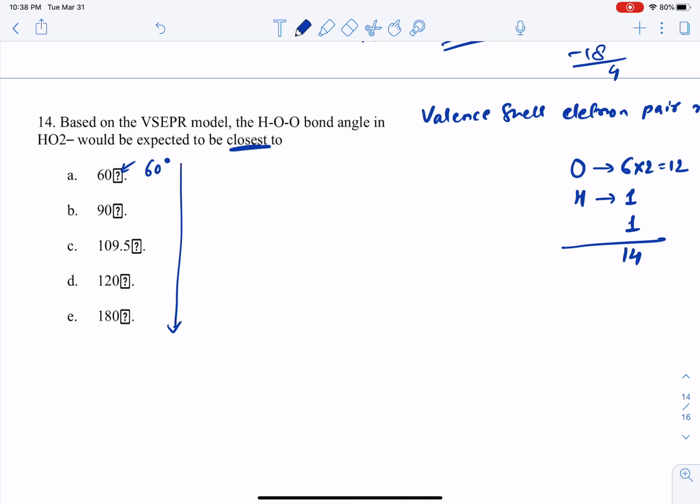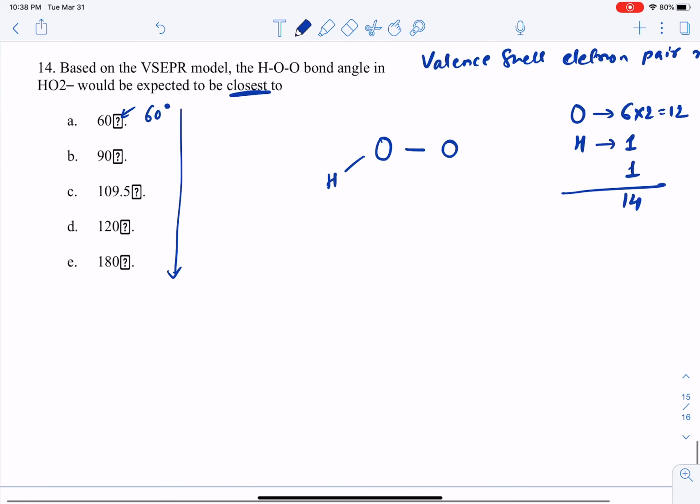Now since we know oxygen would be the central atom because H can't be the central atom, we will form one bond with H and the other with O. Now we form 2 bonds, so it will be minus 4. It's 10 remaining, so we will give 6 electrons to the outer oxygen first, and what's left is 4, so we'll give 2.